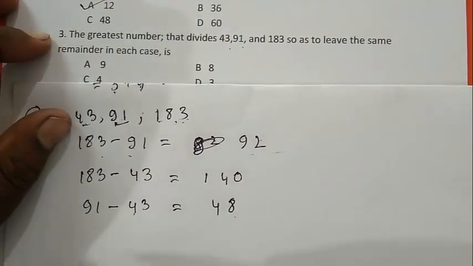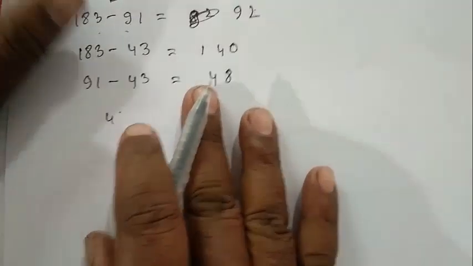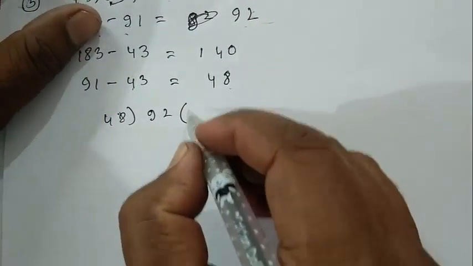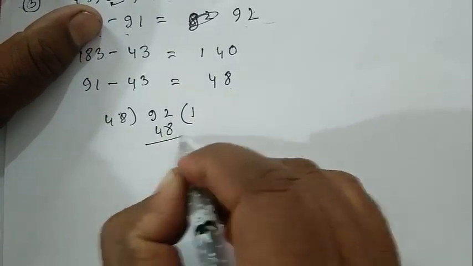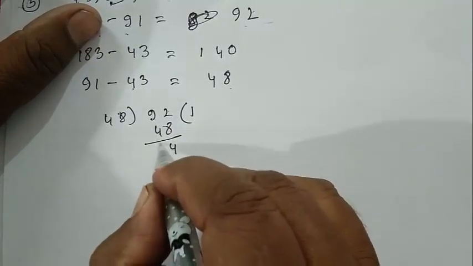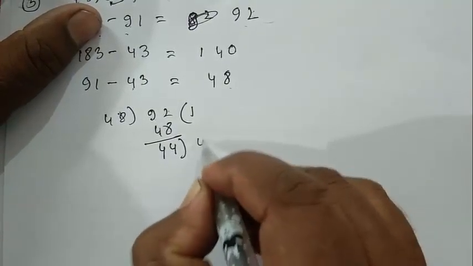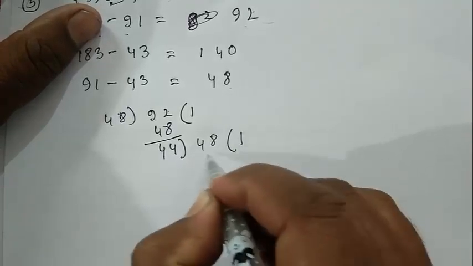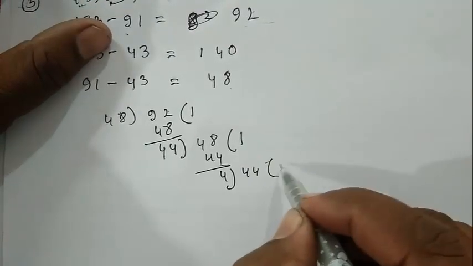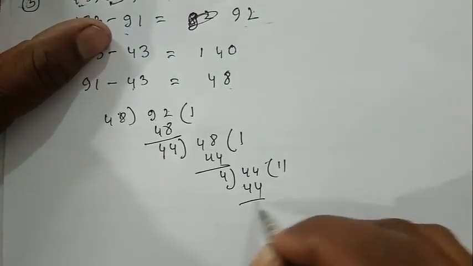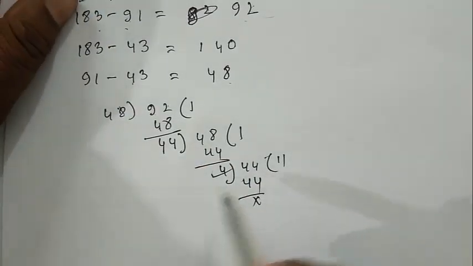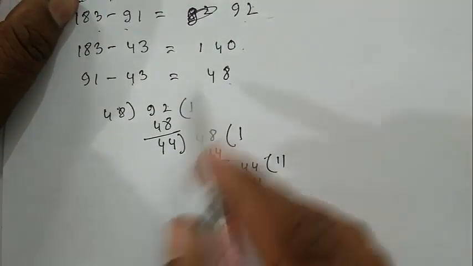So 48 divided into 92, we get 4. After that we divide 140 by 4 and we get the resulting number.